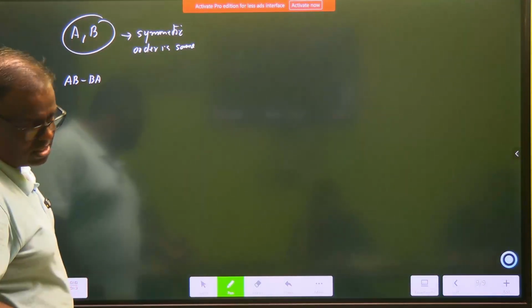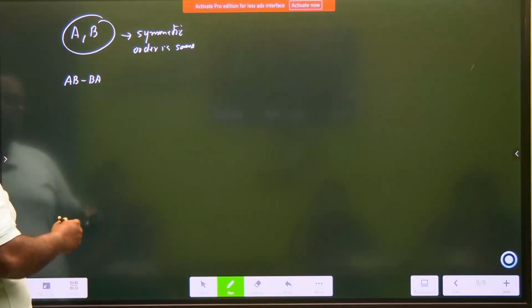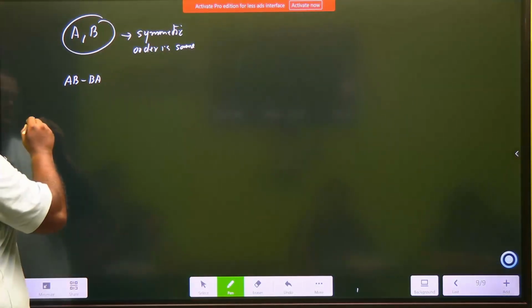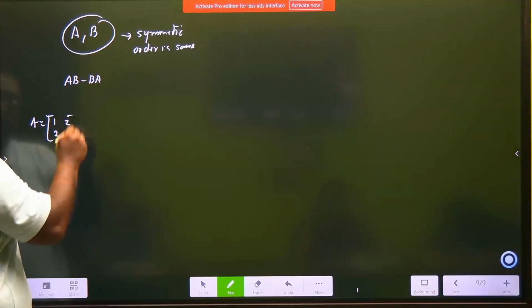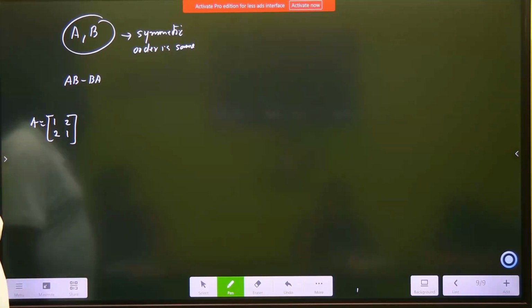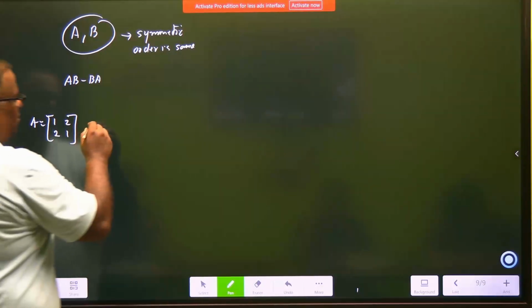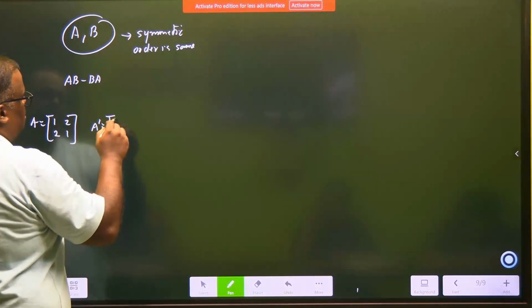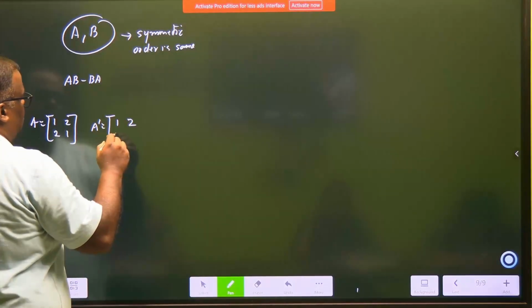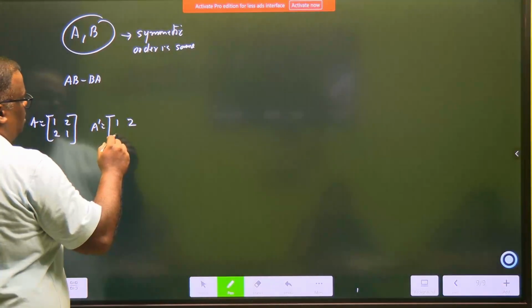Take a very same order symmetric matrix. So let A be, we can suppose, 1, 2, 2, 1. What is the transpose of A? The transpose of A is 1, 2, 2, 1.